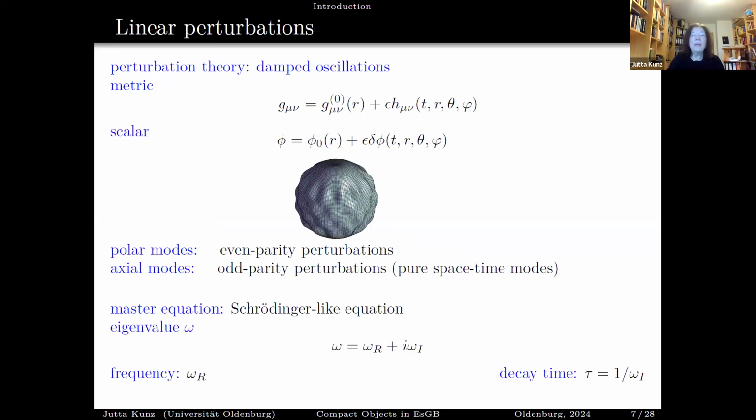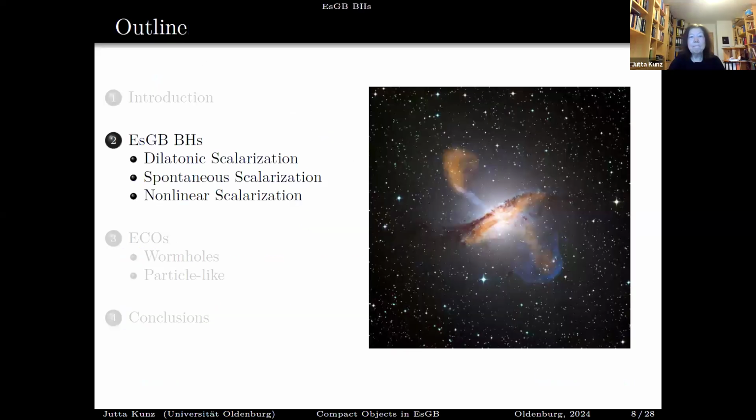And of course, we can do perturbation theory in this type of theory. This is what Jose spoke about nicely two weeks ago, so I will only very briefly discuss this aspect.